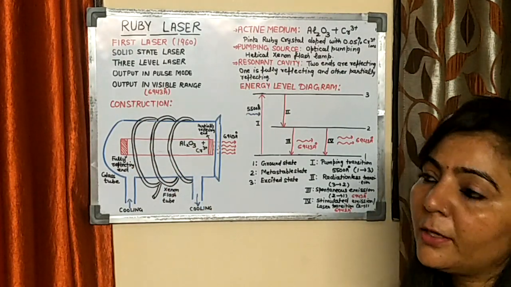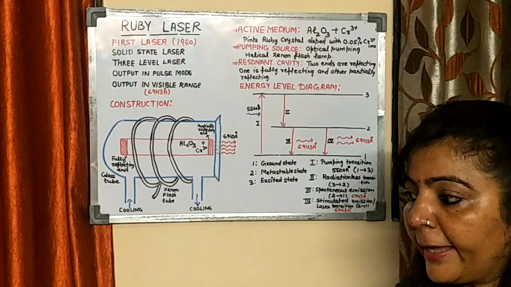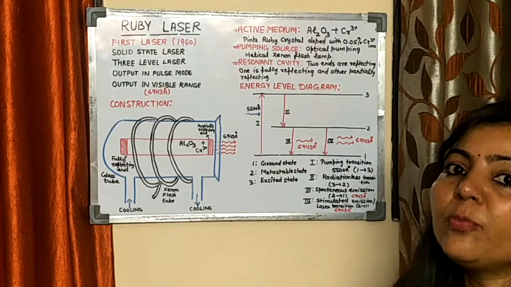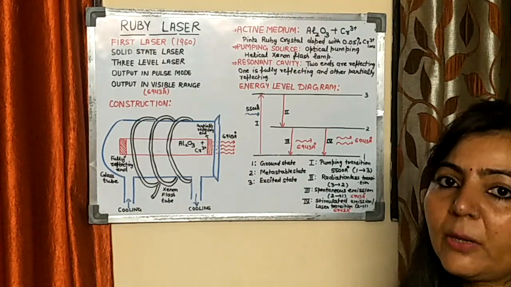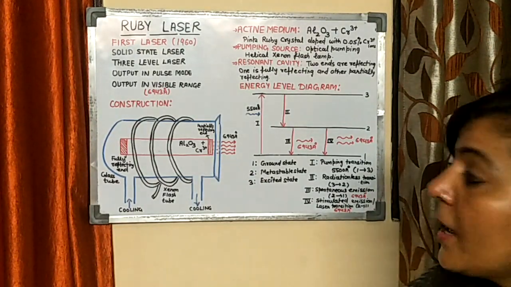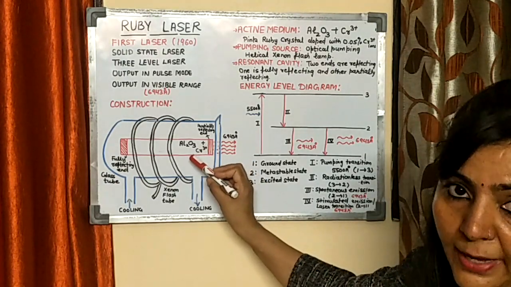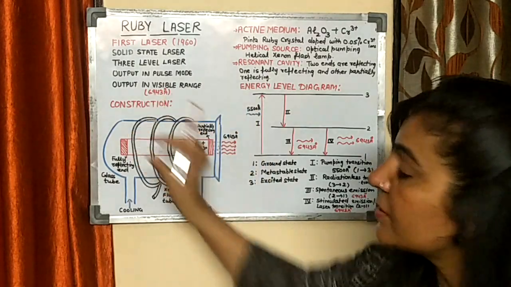Al2O3 provides the base, and in that Ruby crystal, some of the aluminium ions, Al3+ ions, are replaced by Cr3+ ions. And these Cr3+ chromium ions are the active ions which participate in light amplification. So this is the active medium.